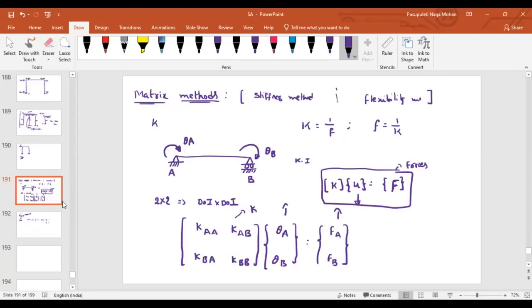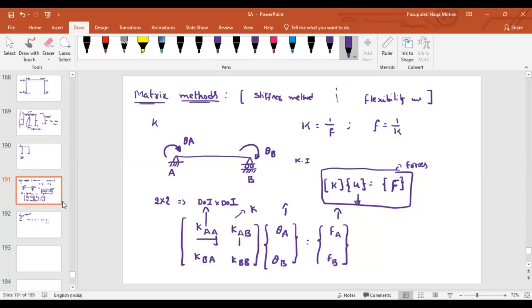Based on this, can you look at this KAA and tell me where you are applying the force and where you are applying the displacement? The first term represents the force, the second term represents the displacement. You are finding the force at A by applying unit displacement at A. What about here?